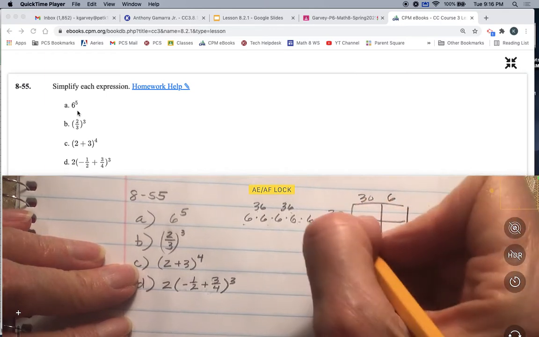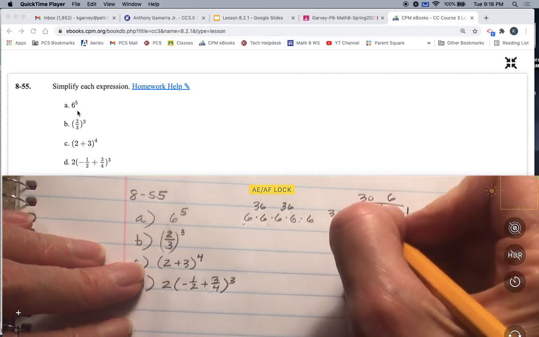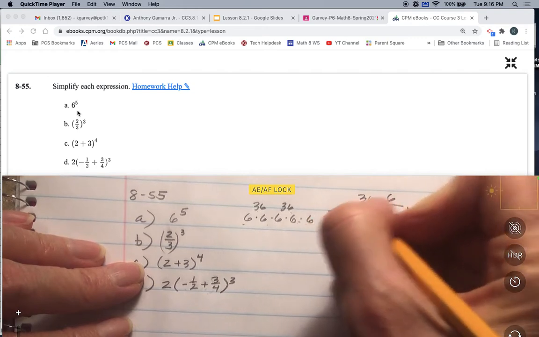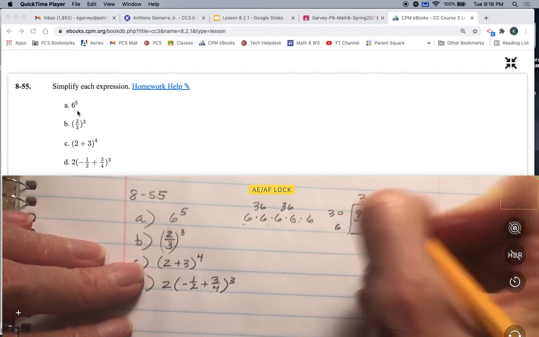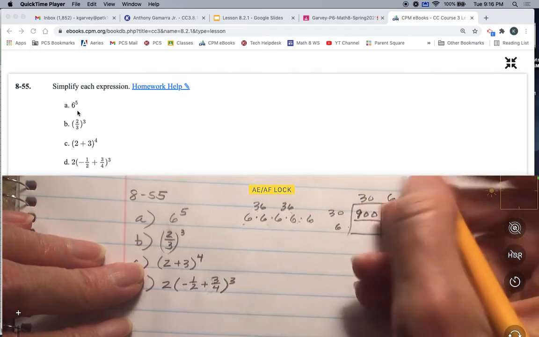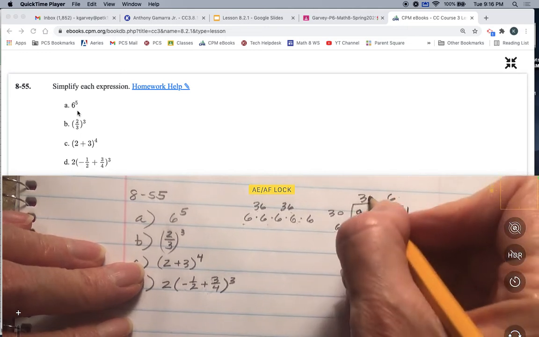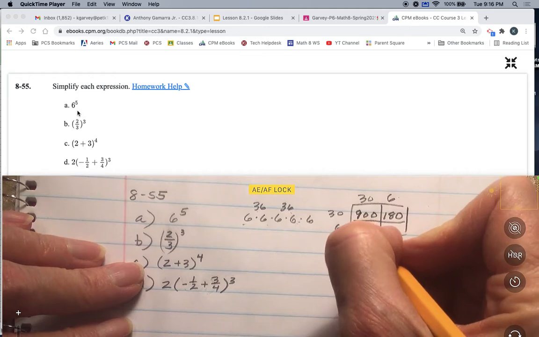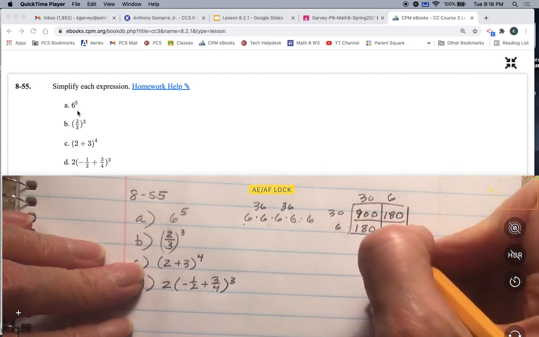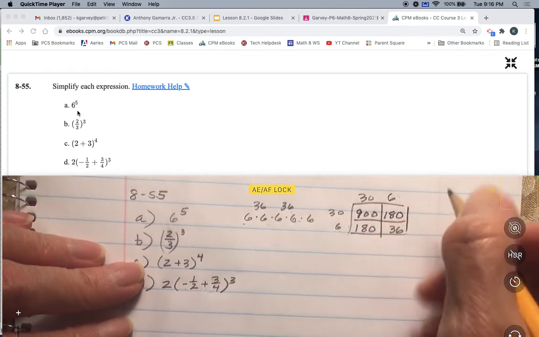I'm doing this without a calculator because it's good to do that. So 30 times 30 is 900. 6 times 30 is 180. 6 times 30 again is 180. And 6 times 6 is 36.